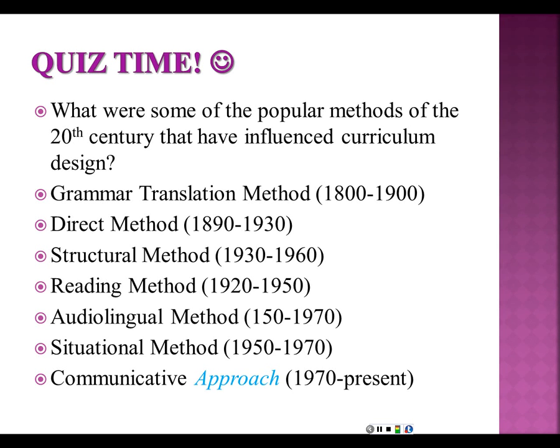So there was the grammar translation method, the direct method, the structural method, the reading method, also called the lexical approach today, the audiolingual method, the situational method, and the communicative approach. So this is a little backdrop, and we will revisit some of this later.